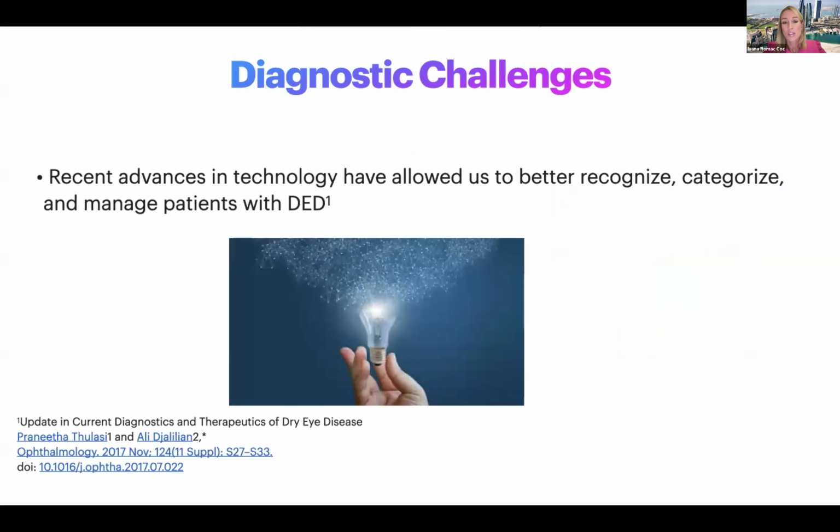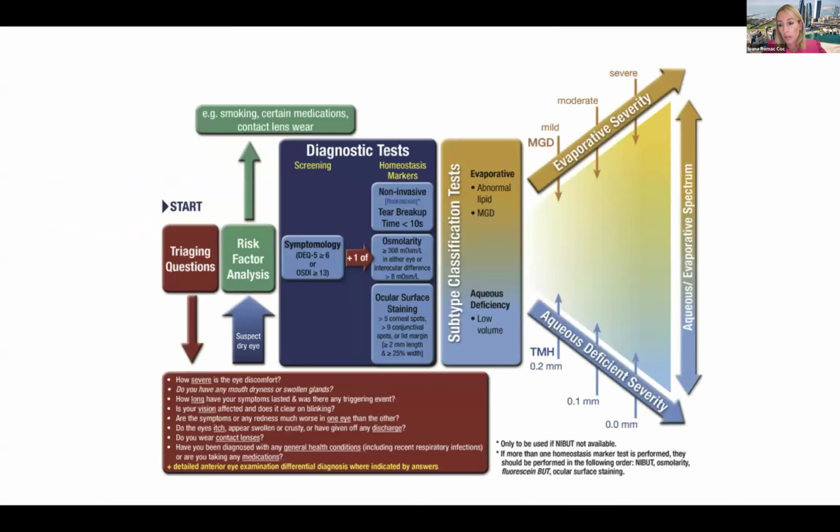With the recent advances in technology, we are now able to better recognize and manage patients with dry eye disease. And in order to incorporate modern diagnostic and treatment approaches, several clinical evidence-based algorithms have been proposed in the last 10 years. The one that is the most known is definitely the Tear Film and Ocular Surface Society Dry Eye Workshop 2 diagnostic algorithm.